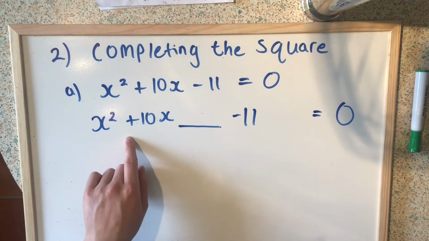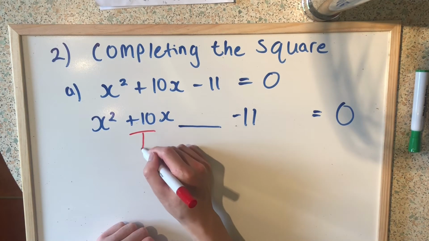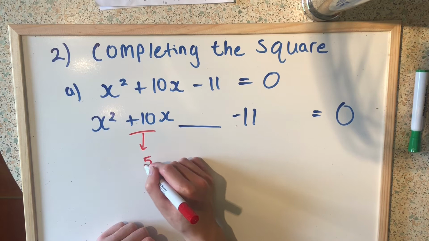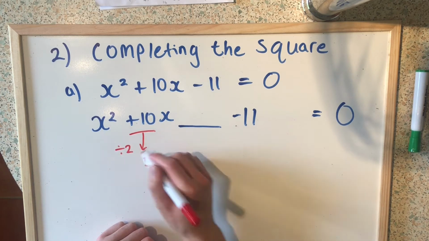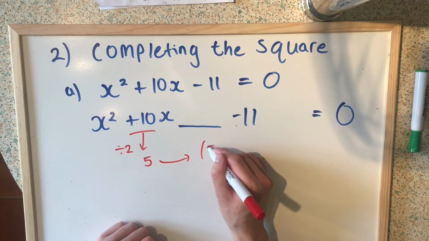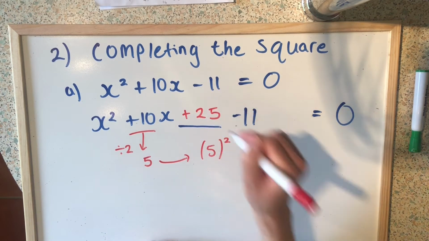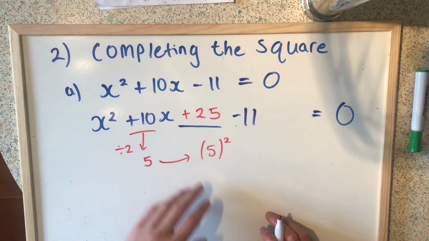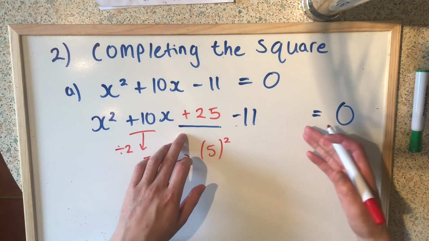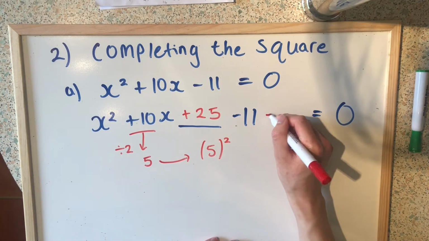So we're going to halve this number, this becomes 5. Then we're going to square it and add it back on, plus 25. And because we've added 25, to keep it the same, we need to minus 25 here.